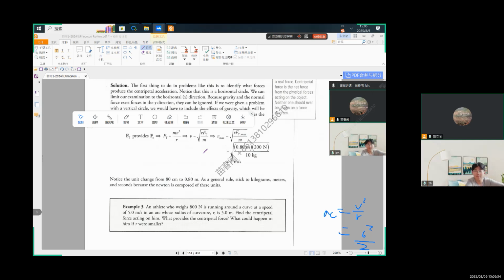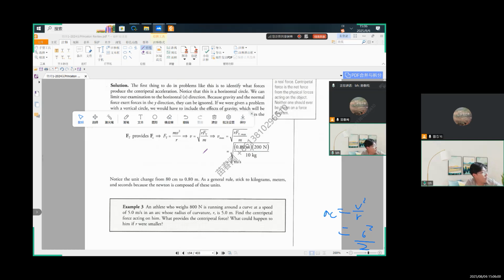So V squared is 25. So 25 divided by the radius 5. So AC equals 5 meters per second squared. And then the force acting on it is the 800 newtons times 5.